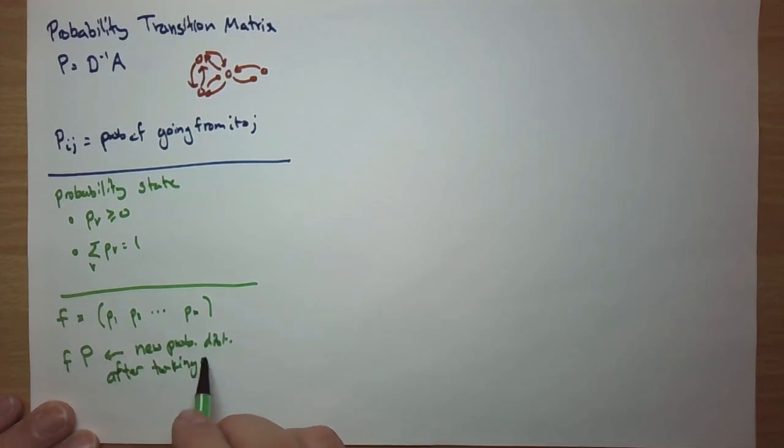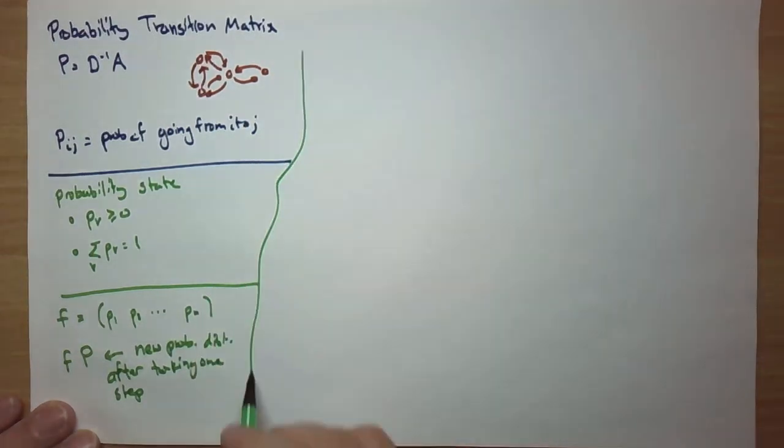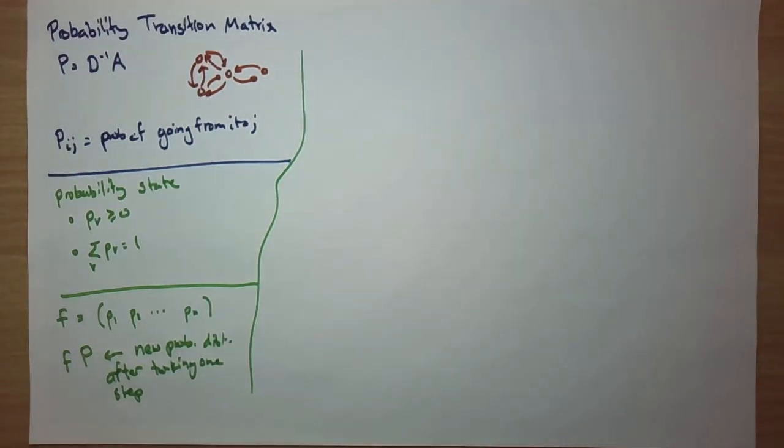So in other words, what's happened? How do we actually compute that? I want to make sure we can convince ourselves that this is true. We write it down, but is it really true?